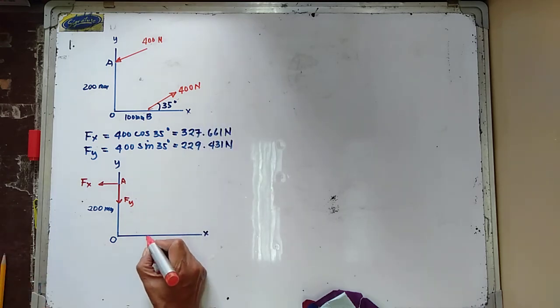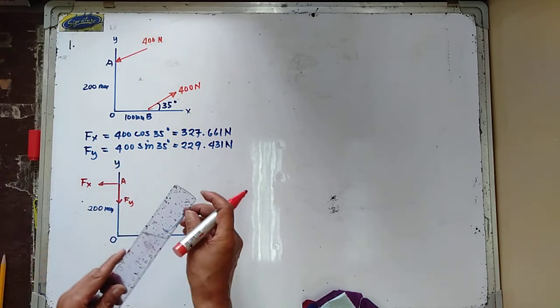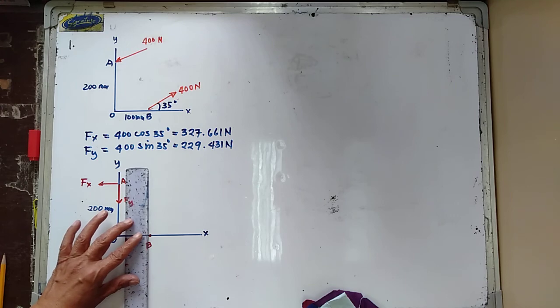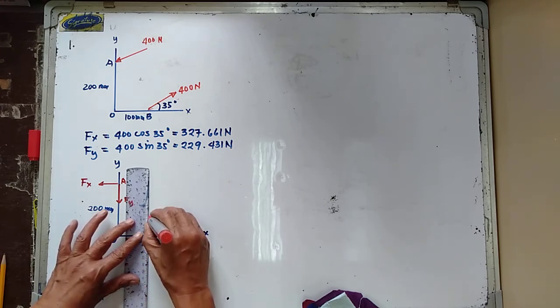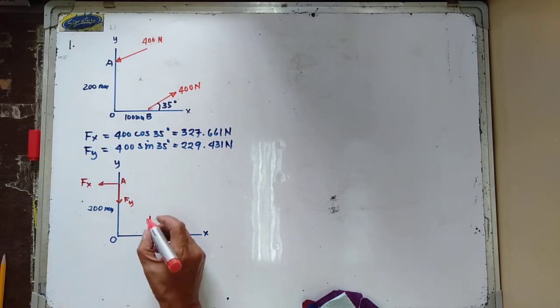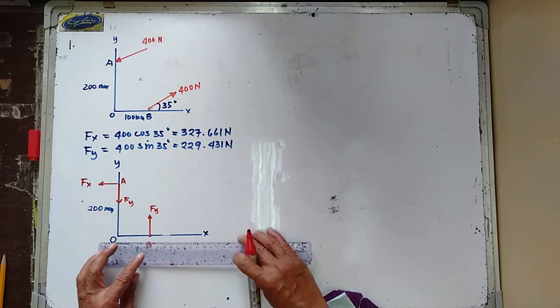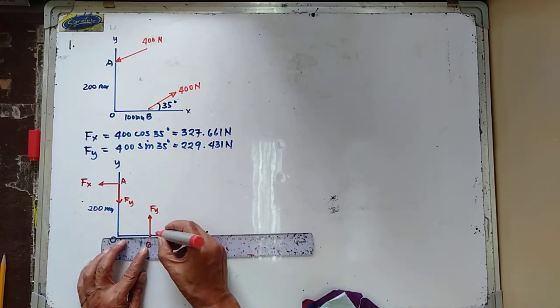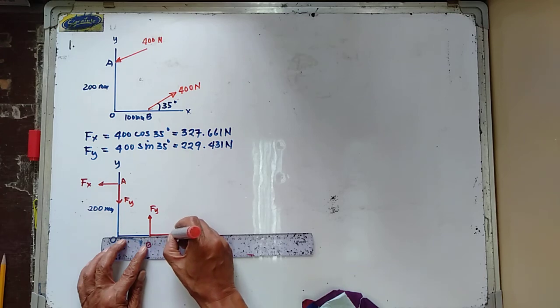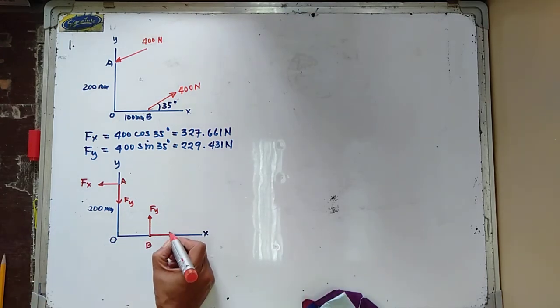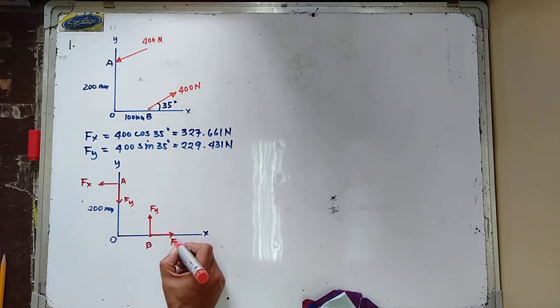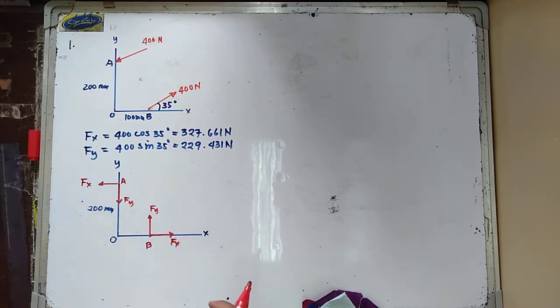So this is now your point B. So we have your Fy and this is now your Fx.